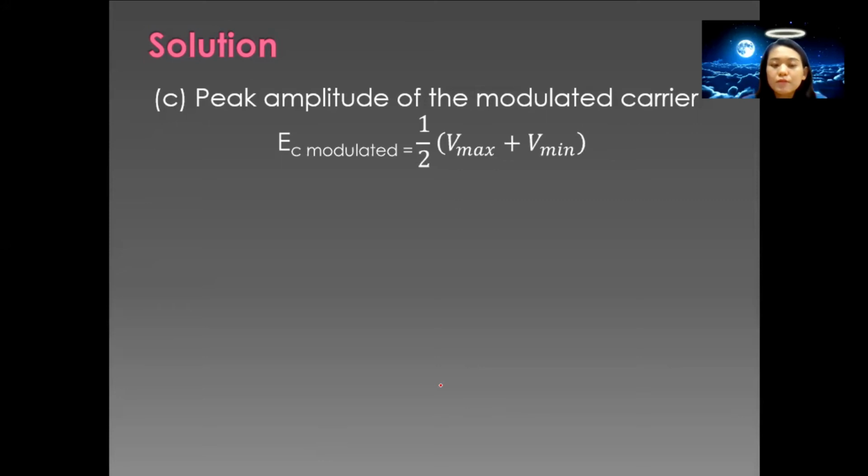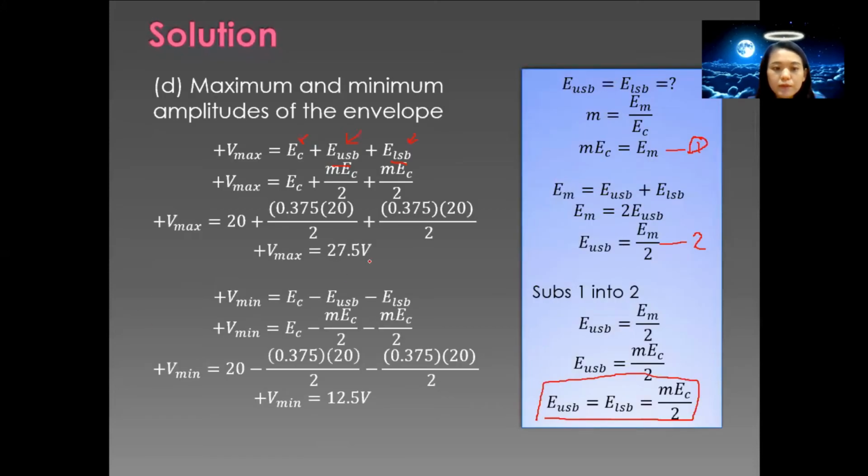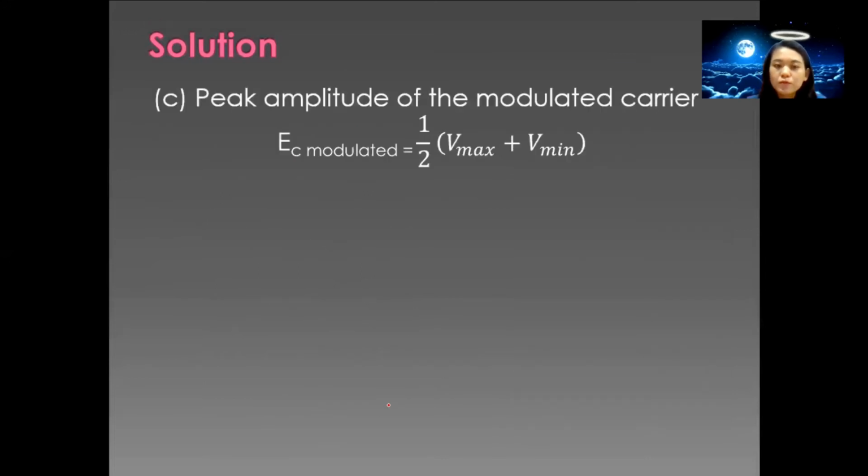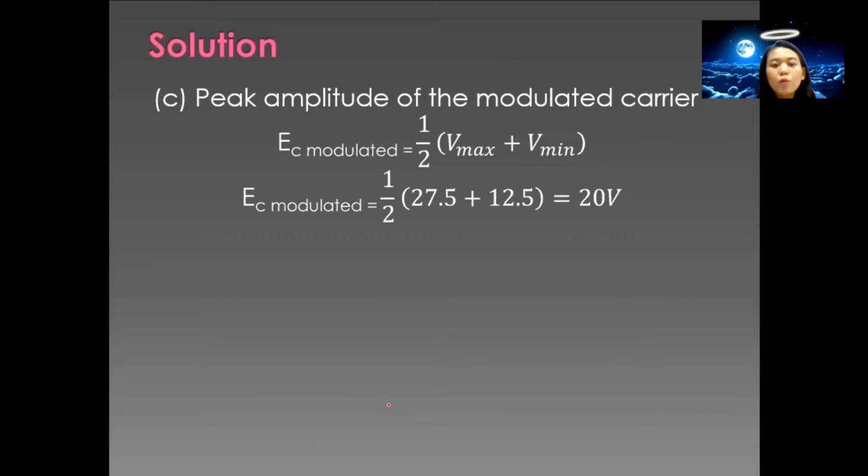Okay, now come to C. Just now, we already calculated that V maximum is 27.5 volts and V minimum is 12.5 volts. So we just substitute into this equation and we get 1 over 2 multiplied by 27.5 plus 12.5 volts, and we get 20 volts.